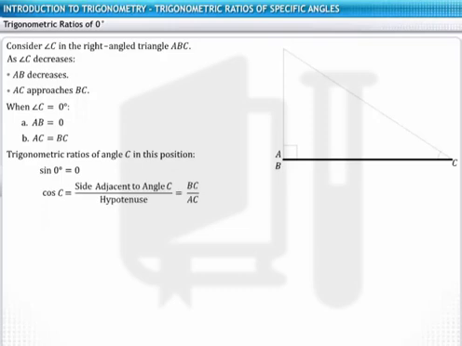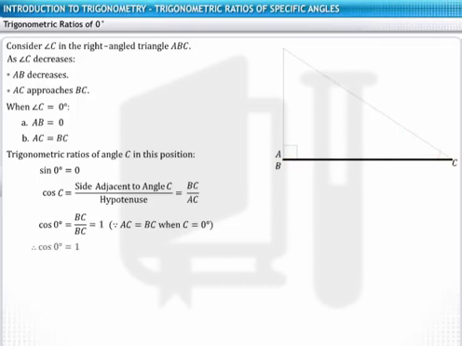We know that cos C is equal to the ratio between BC, the side adjacent to angle C, and AC, the hypotenuse. We have seen that AC becomes equal to BC when angle C is equal to 0 degrees.